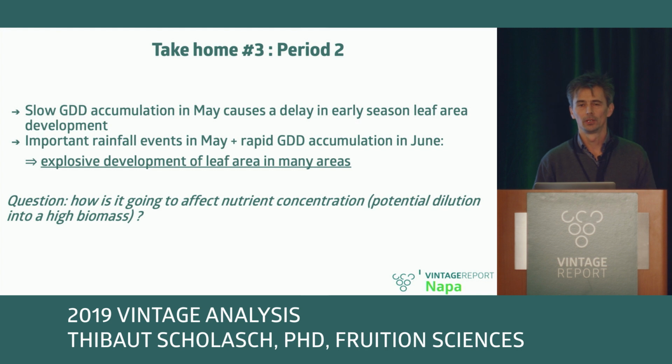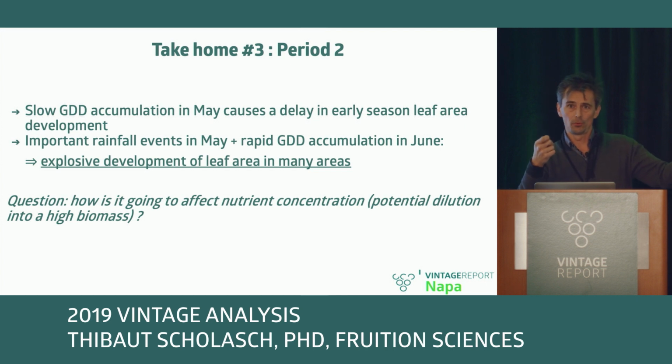At this point, it's a situation that is a bit outside of our habits, because here is the trick. Nutrients, and more particularly nitrogen, in general stops accumulating before leaf area sets up its final size.